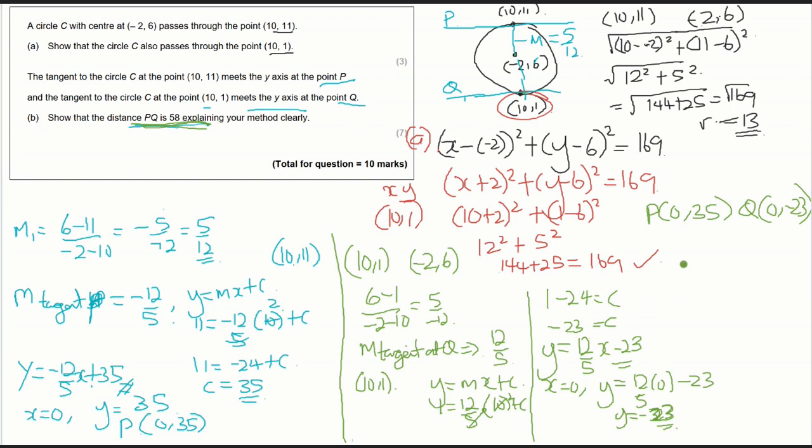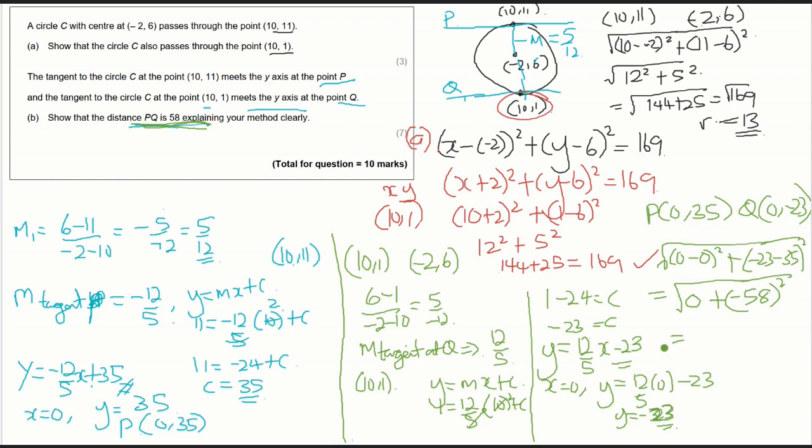Okay, 58. So now to find the distance of PQ, x2 minus x1, so 0 minus 0, squared, plus y2 minus y1, so negative 23 minus 35, squared. So this is 0 squared, which is 0, plus minus 23 minus 35, that's minus 58, squared. You square it and get such a big number.